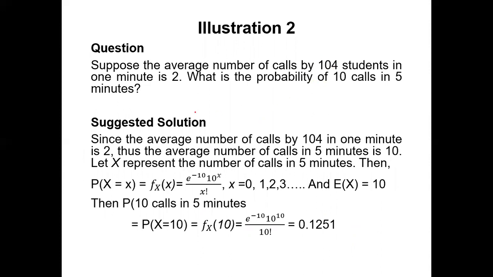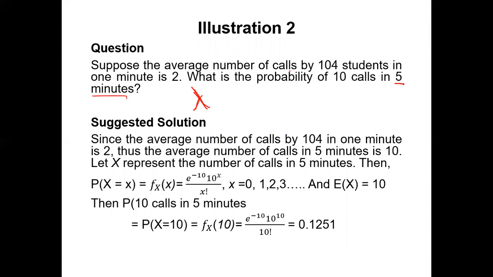Now, the second question says that suppose the average number of calls made by students in 1 minute is 2. What is the probability of 10 calls in 5 minutes? First of all, we must find our average, or our lambda. We are looking for the average number of calls in 5 minutes.